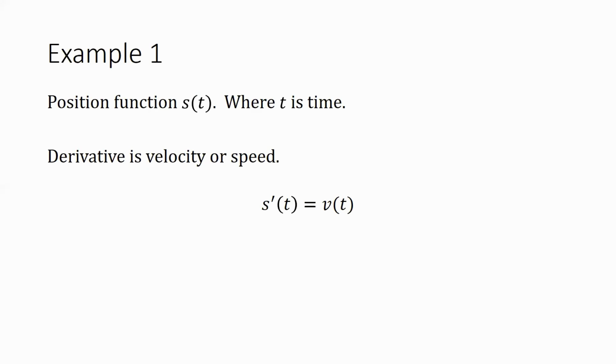So in physics, you could figure out where an object is located and how fast it's changing, and then use that to predict where that object is going to be located in the future.